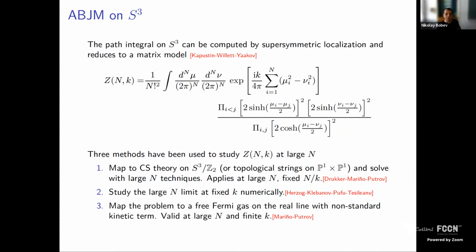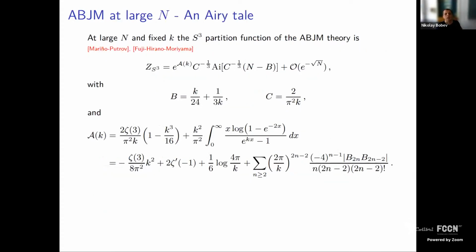And the answer that emerges is really beautiful. At large n and fixed k, which I'll call the M-theory limit, the partition function looks like this. There are some exponentially suppressed terms at large n. Let me call them instantons. These presumably arise from some non-perturbative effects in M-theory. And then the whole 1 over n series resums in a nice way into this Airy function with some prefactors.